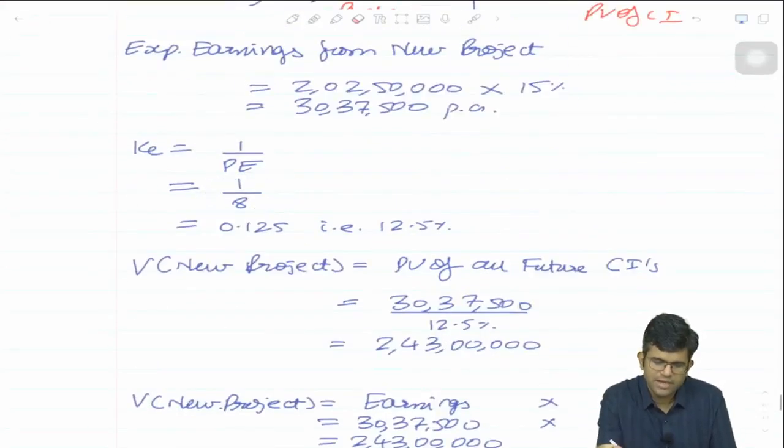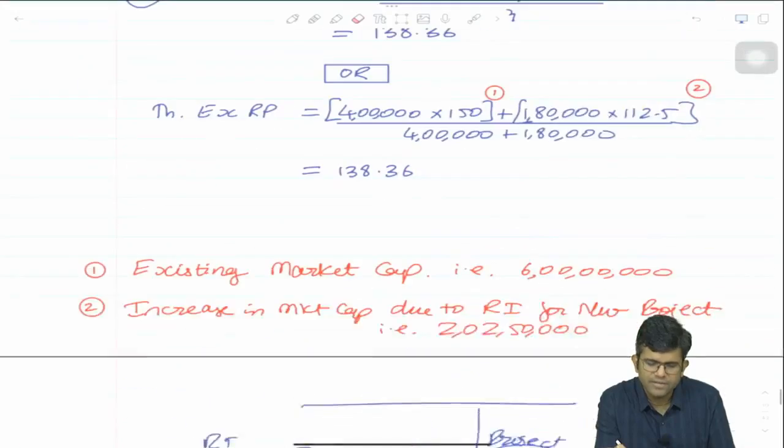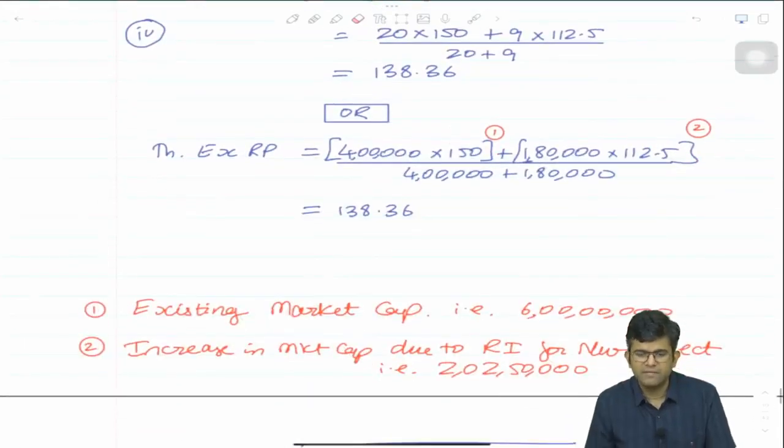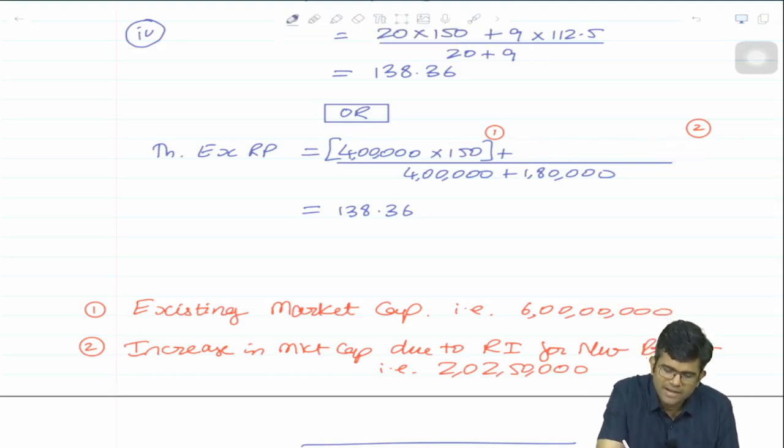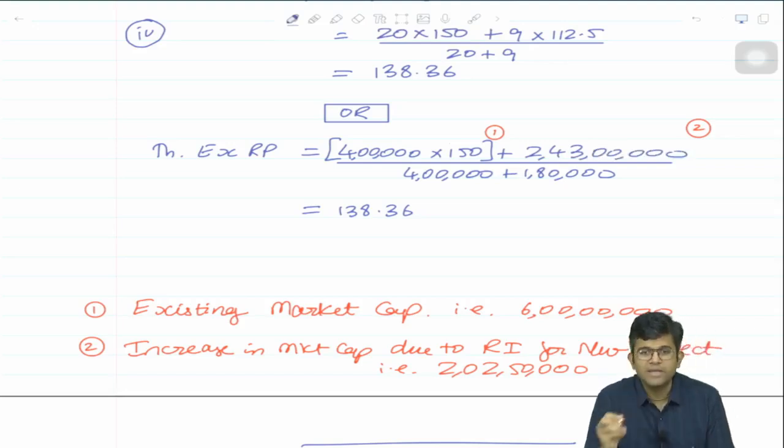So after this, what do we understand? We did one mistake here. The mistake we did was, we thought that NPV is 0. Think about what I am saying. We thought that the company's valuation will increase by 2 crore 2 lakh 50,000 only, whereas in reality the company's valuation would have increased by 2 crore 43 lakh, considering the positive NPV in the project.